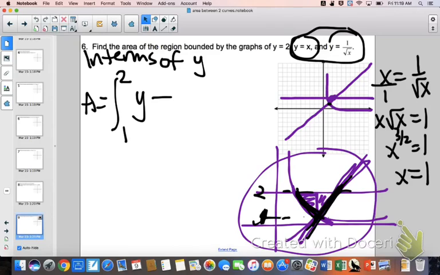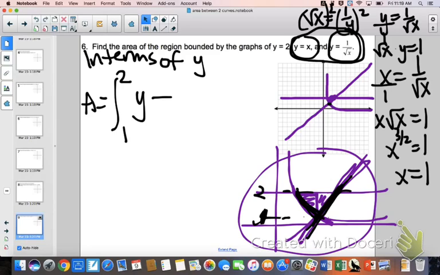Now that means you have to solve this so that it's in terms of y. So right now you have y equals 1 over root x. If we cross multiply, root x times y equals 1. Root x equals 1 over y, and then square both sides, you get x equals 1 over y squared. So it's going to be y minus 1 over y squared dy.